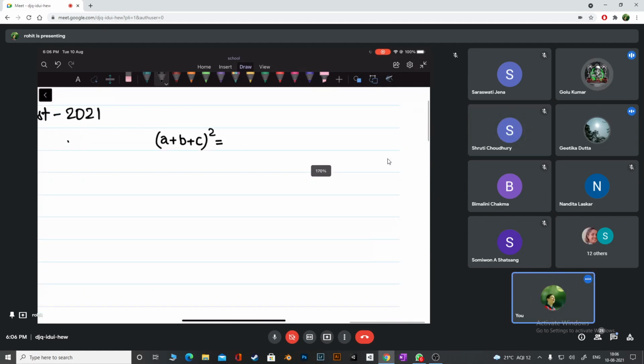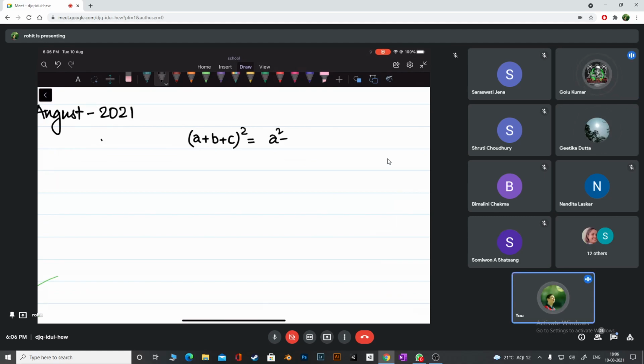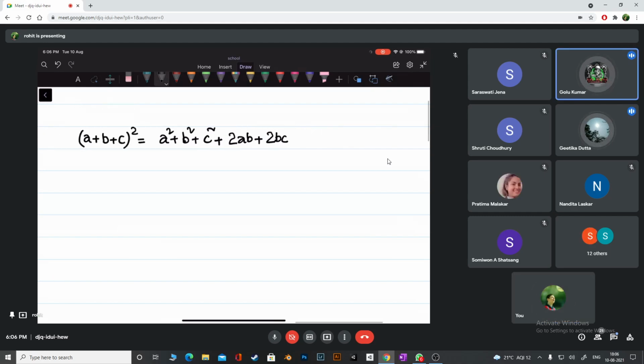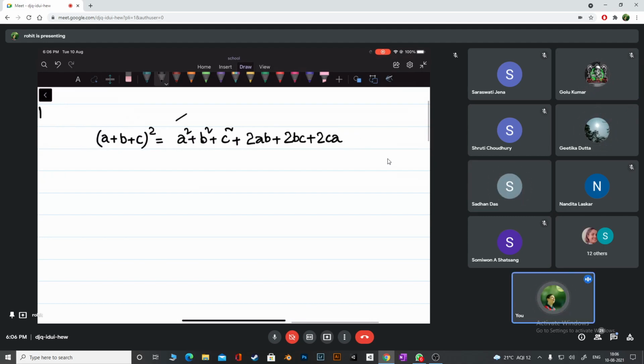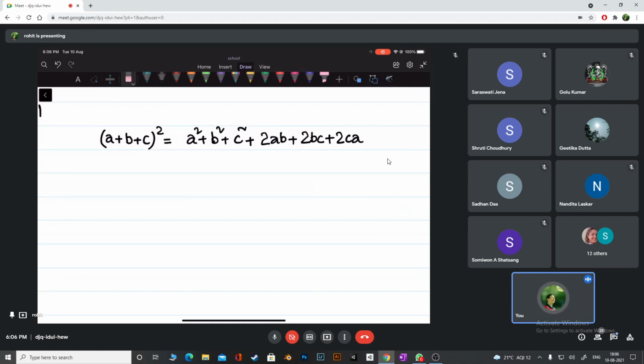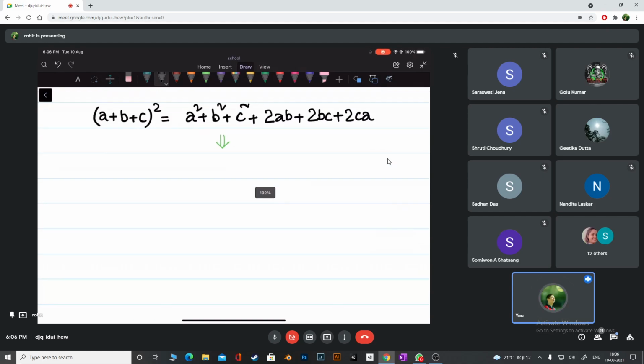A square plus B square plus C square, plus twice AB, plus twice BC, plus twice CA. Only the first three are squared, and after that there is a 2, not a square. I will show you first why the formula is like that. We'll do it slowly, but we have to do it properly. Anybody having problems or doubts, you can stop me anytime and ask me.